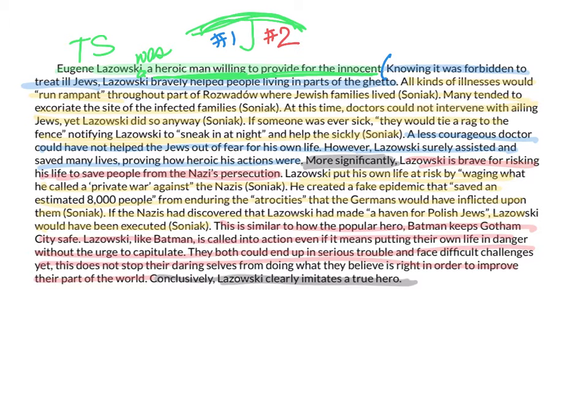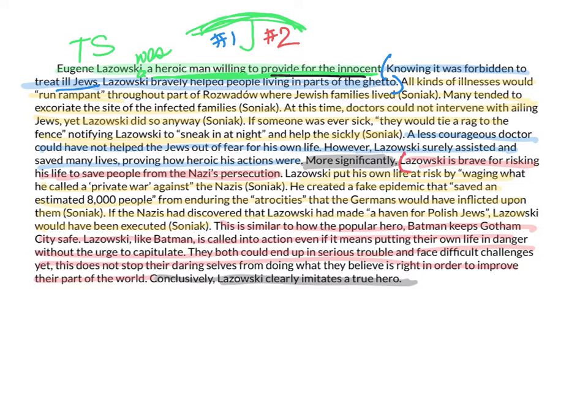Knowing that it was forbidden to treat ill Jews, Lazowski bravely helped people living in parts of the ghetto. Does helping people who live in this ghetto, helping people who are ill, does that fit underneath providing for the innocent? Yes. Okay, good. Now let's check the second half.